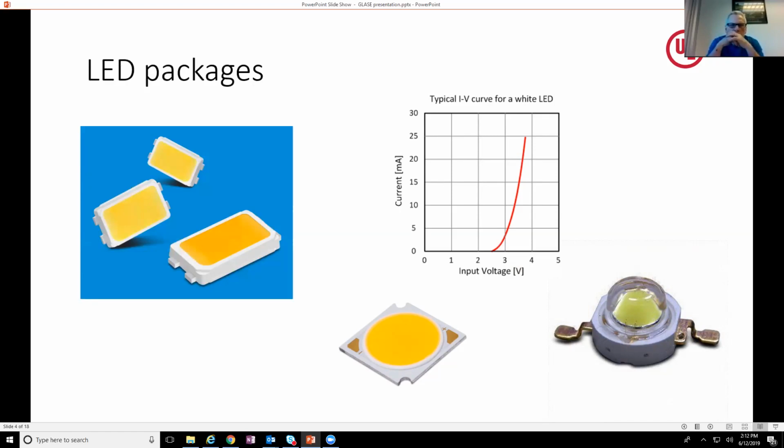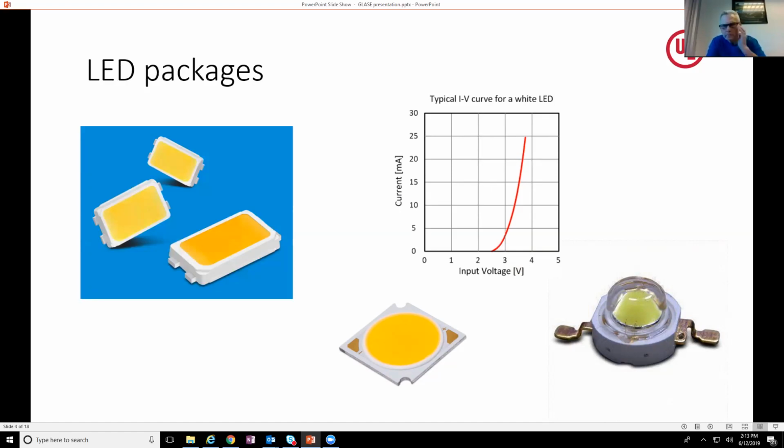In other words, when you are designing an LED driver, it is of paramount importance that you have very good control over the amount of current that's available at the output, which is a little bit different from what you might see in many other utilization equipment, but that's the thing that makes LED drivers different.